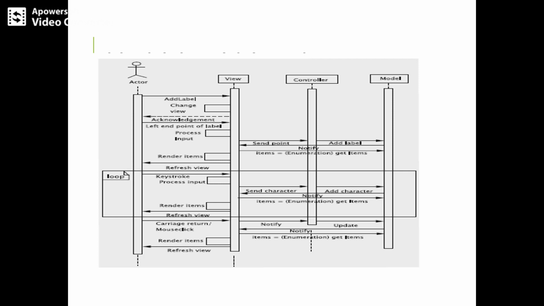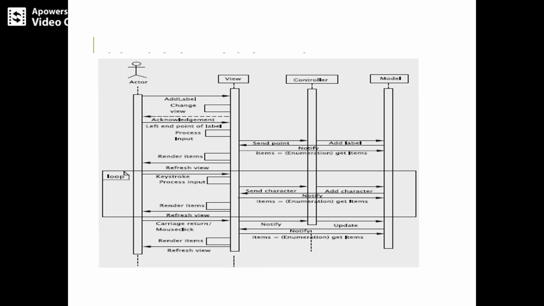So again, whether the next character we need to take as a key input or keystroke, that will be sent to the controller, and again it will be added in the model, add a character. So for the next characters, this loop will continue until the characters are over.